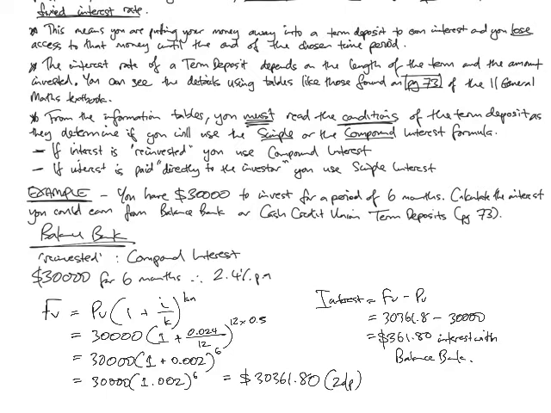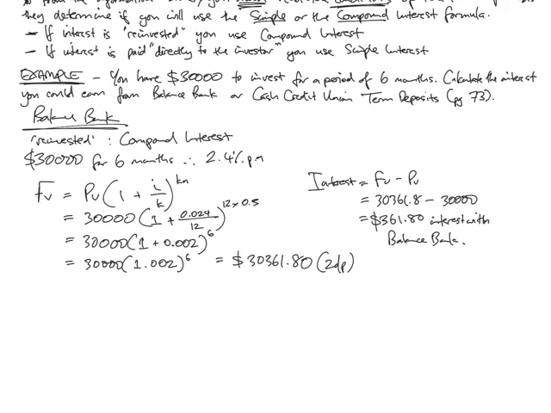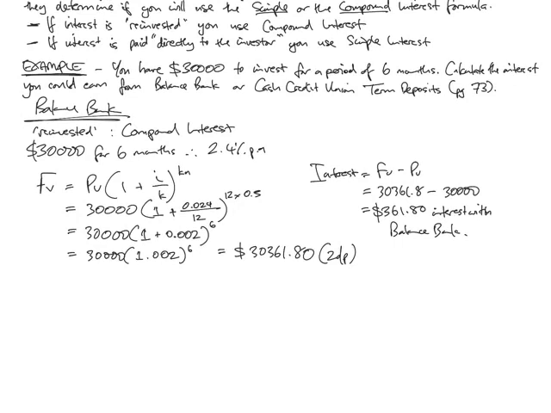And obviously you're trying to compare the two, so you need to work out the interest from the other bank, Cash Credit Union. With Cash Credit Union, it's simple interest this time.